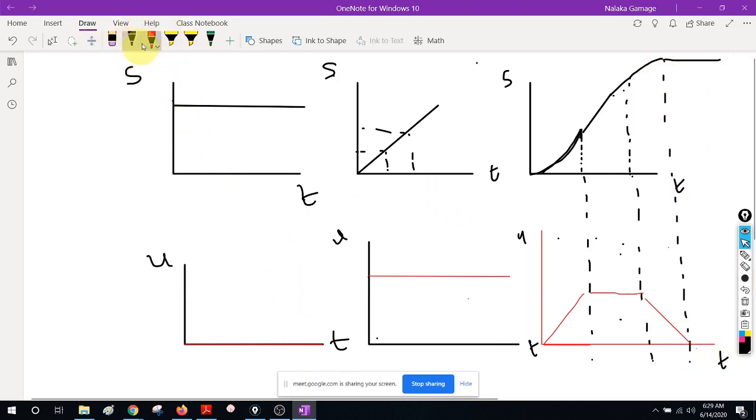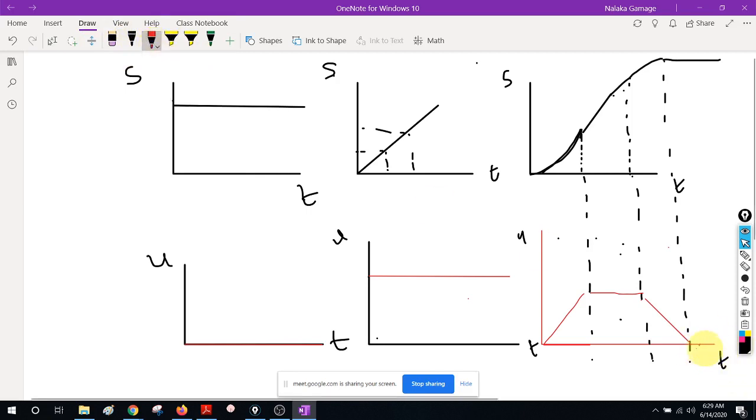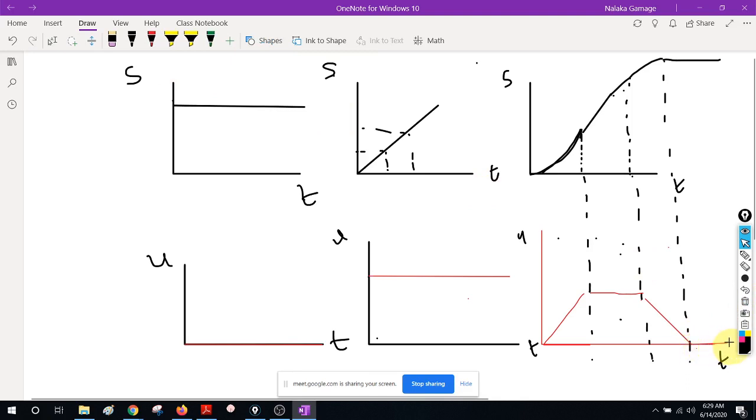The rest of it is going to be something like this, and so on. Let's draw a straight line, something like this. So now using this, predicting this is not a big issue.